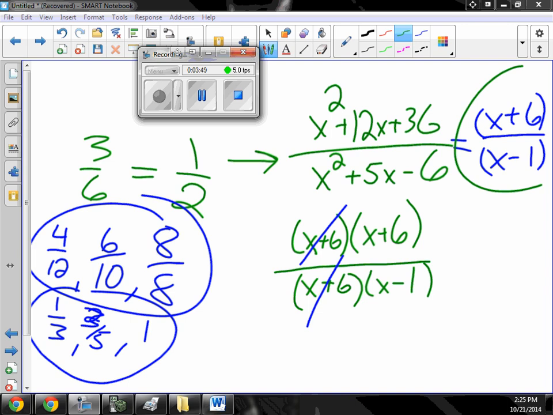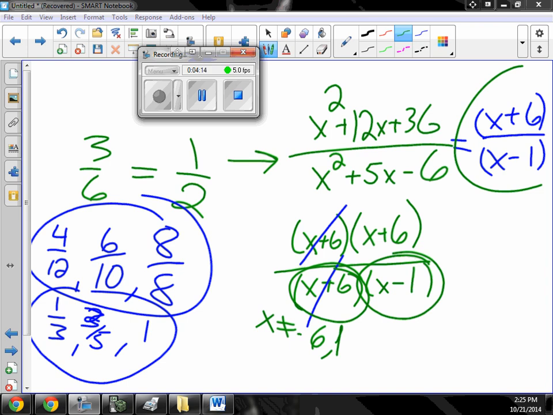So if we look down here, the root associated with that is -6, and the root associated with this is 1. So I can plug any number into that rational expression except -6 and 1. If I plug those in, I get infinity or negative infinity, depending on how you plug them in.